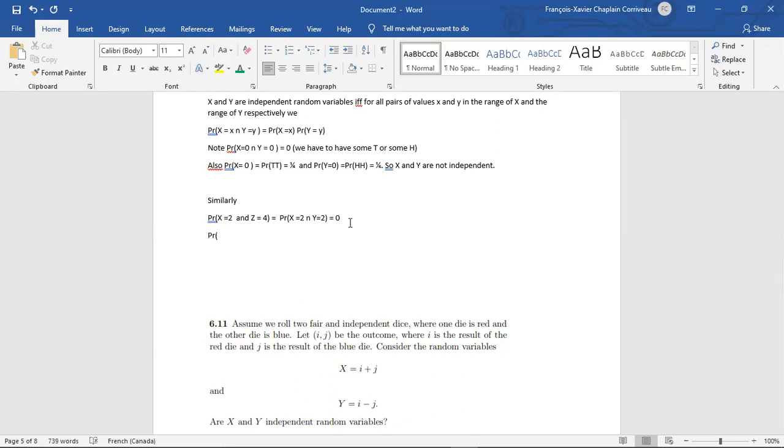What about the probability that x is equal to 1 and z is equal to 1? Now this one works, right? This is equal to the probability that x is equal to 1 and y is equal to 1.